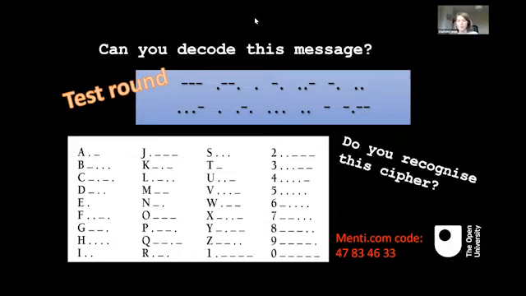Shortly, I'm going to set a challenge: once you've cracked this code and worked out the secret message in the blue box, type it into menti.com. It's just a warm-up, but we're going to use Menti for the rest of the challenges. It's basically a way to work against the clock.